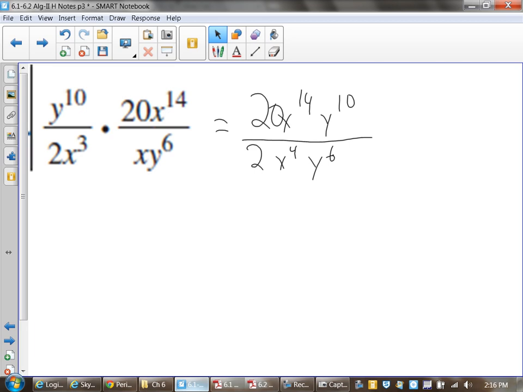I lined them all up, and now I go numbers first. What's 20 over 2? 10. Who wins, 14 or 4? 14. It's 14 minus 4. And then 10 into 6, we get y to the 3.